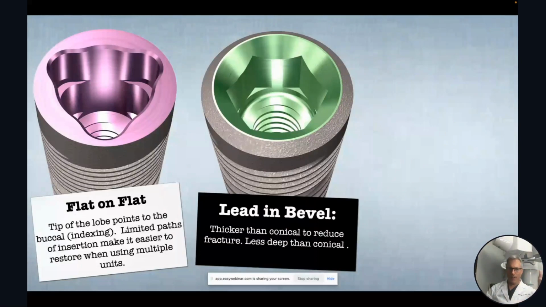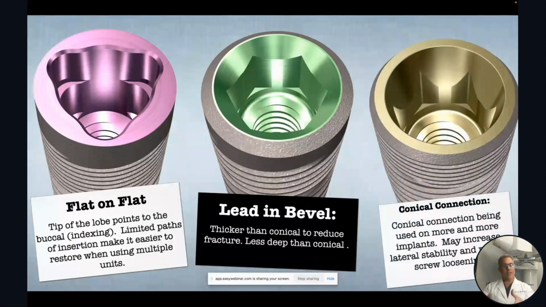So if you look at the purple implant, basically we have a flat top, and the implant and the abutment rest on top of that flat top. If you look at the Lead-in Bevel design, what happens is we have a hex, and then we have a little taper. So we've got a little bit of ferrule between the abutment and the implant internal connection to resist lateral movement. Now, conical connections are kind of all the rage now.